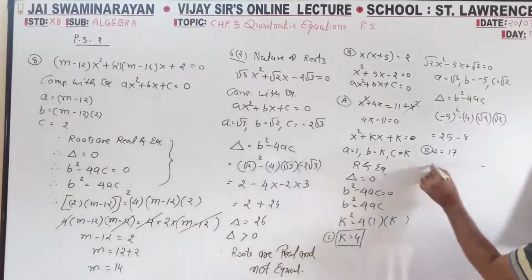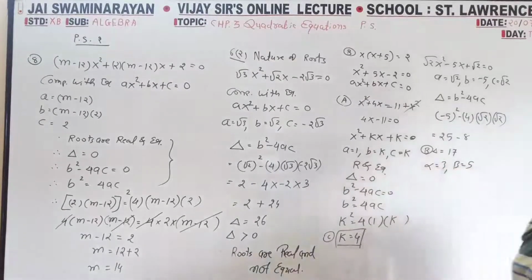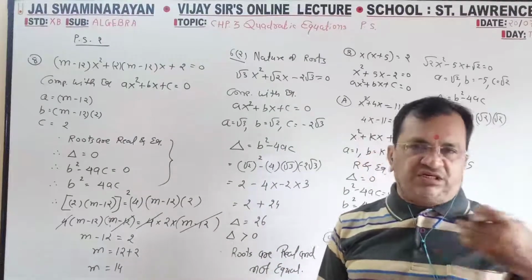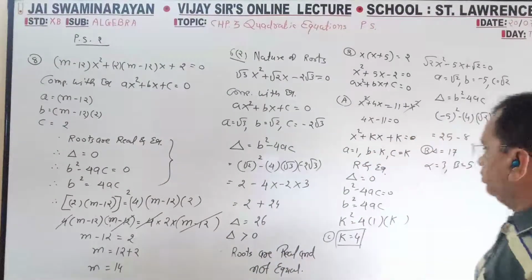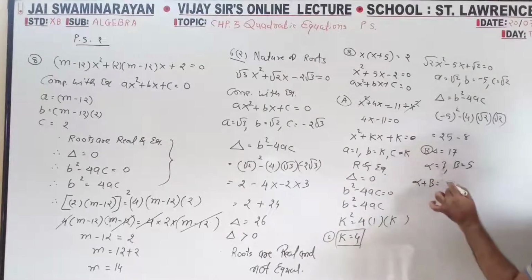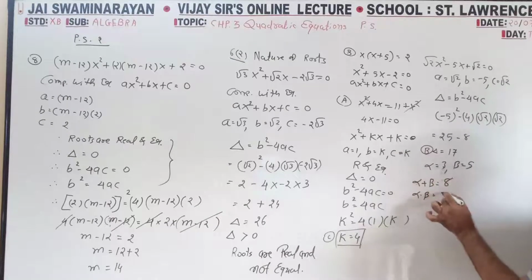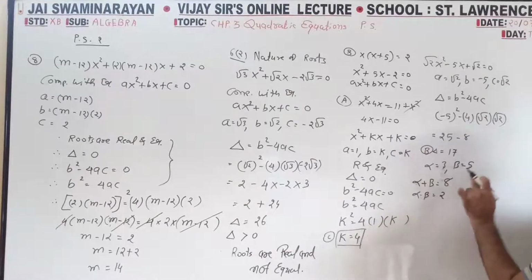Now root alpha is equal to 3, beta is equal to 5, they have given. Now for this, which option? Don't check the options. Take alpha plus beta: 5 plus 3, 8. Alpha dot beta: 5 threes are 15.